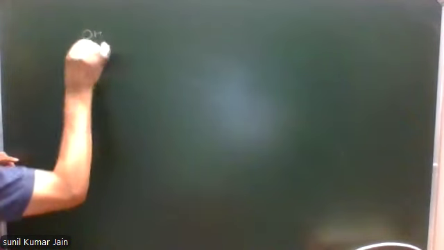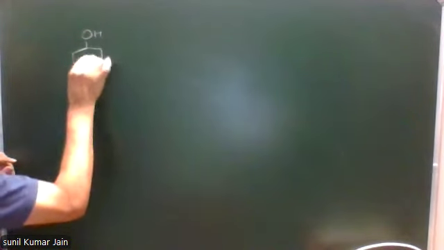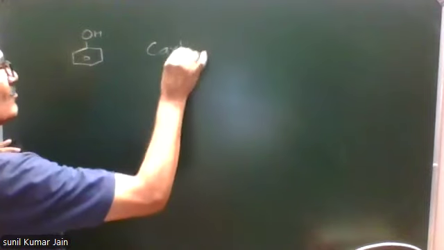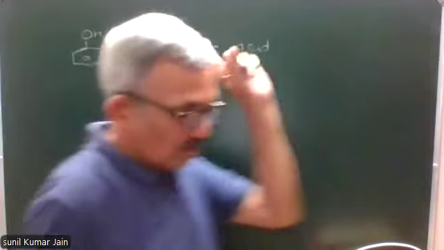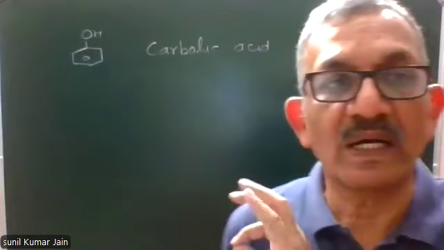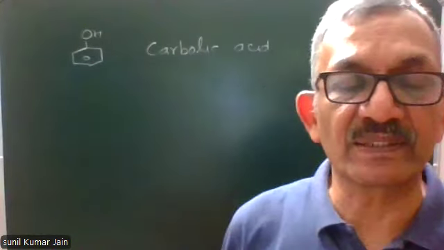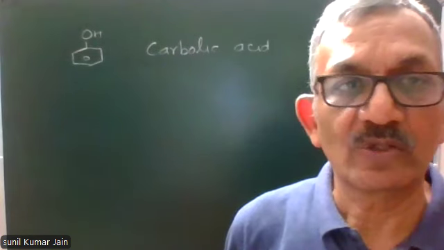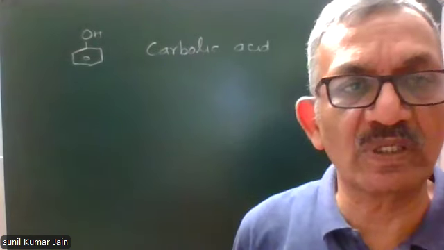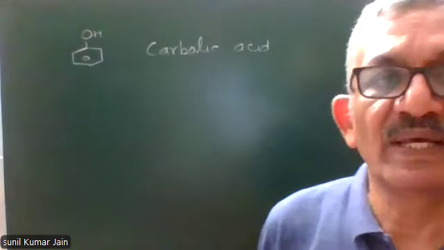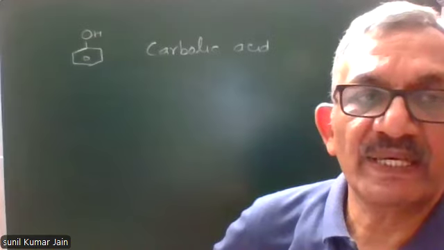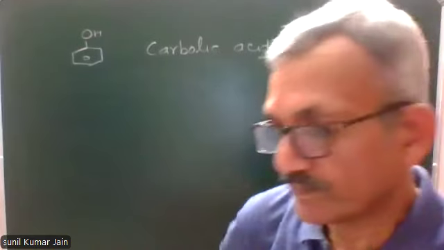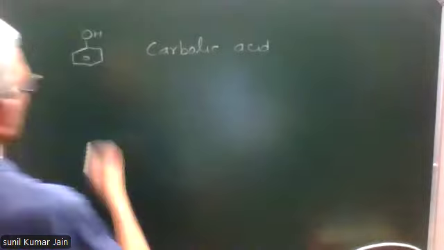For example, common name: carbolic acid. Due to its acidic nature, this is called acid in common nomenclature. IUPAC name: phenol.